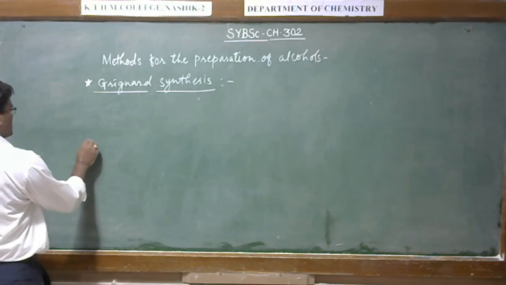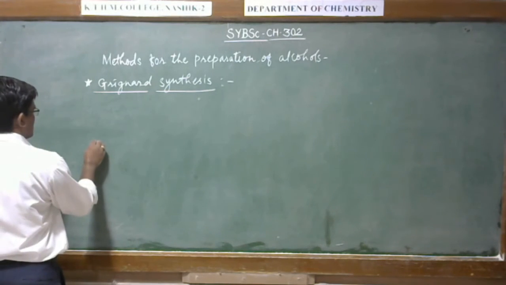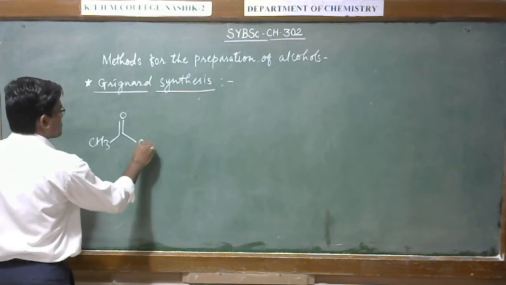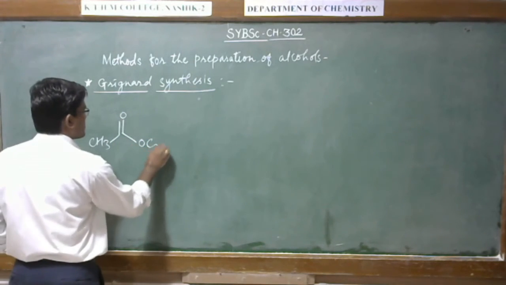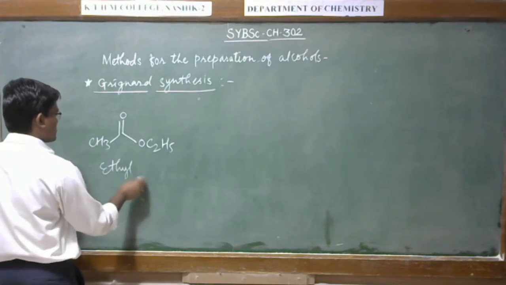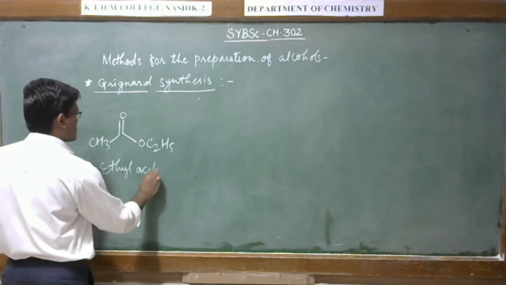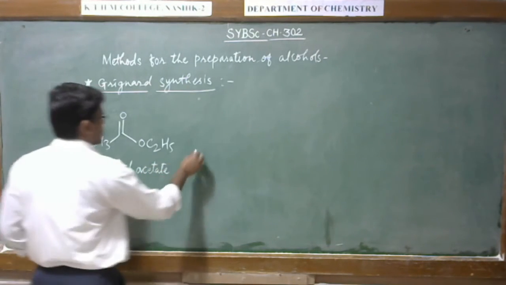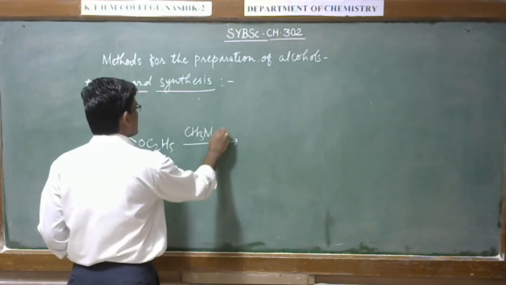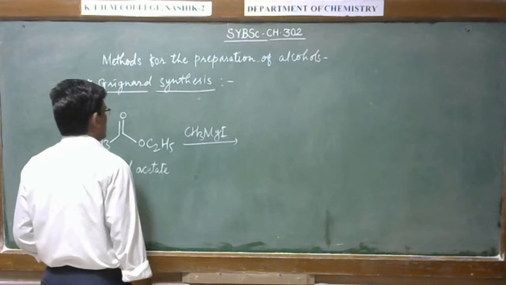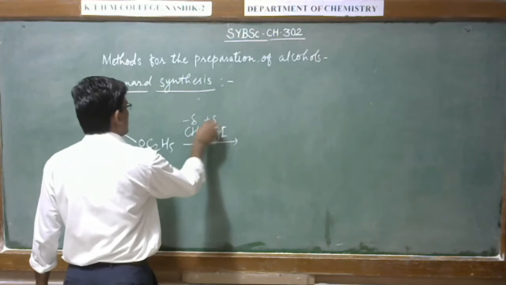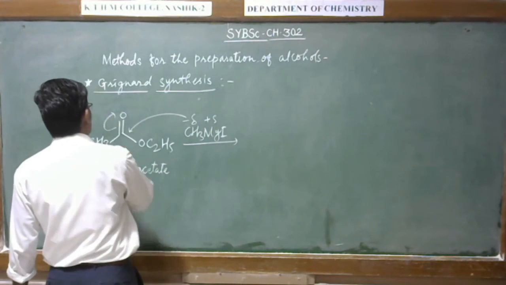For example, ethyl acetate reacts with methyl magnesium iodide, like this.